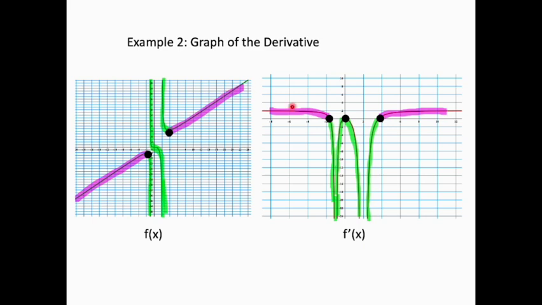So on those intervals, right here and right here, it's above the x-axis. The intervals in green where it's decreasing, the derivative should fall below the x-axis so that you get a negative value for the derivative, which is why the function is decreasing on those intervals.